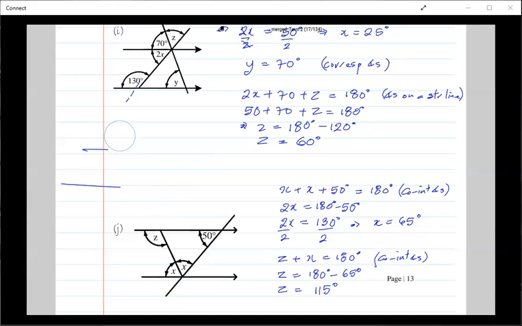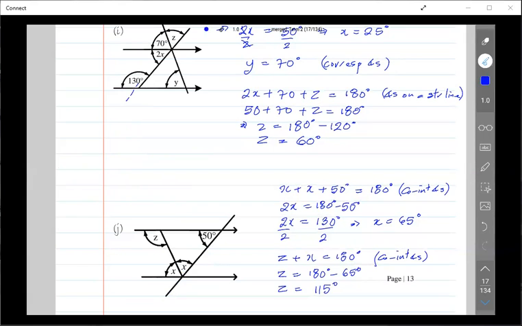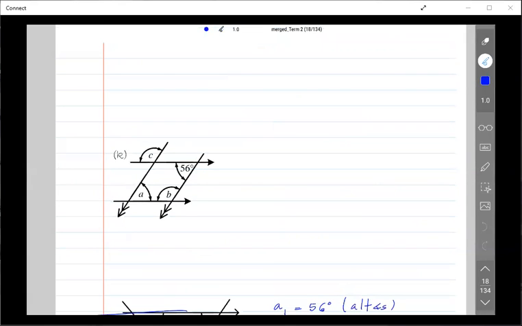All right. Now, number 2, or K. The next one we have to look at was K. So here is K, and we're to find the angles marked A, B, and C in that order. So to find out what is A, this is what I would do.